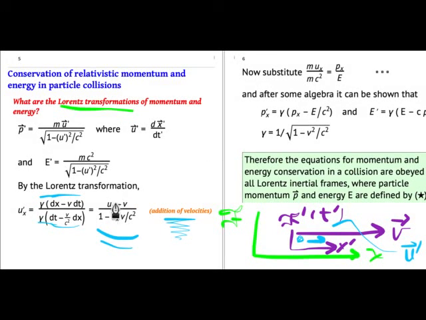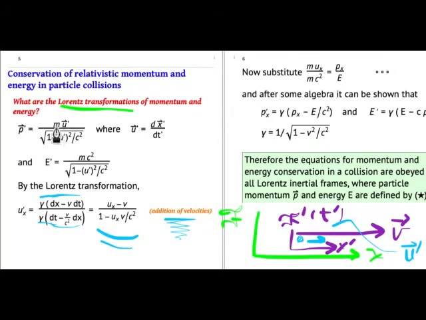Well, one thing I can do here is I can write m ux over mc squared is px over E, because I really want to re-express this in terms of p, the momentum in the frame F. So I have here ux. Well, let's get rid of ux and replace it by px. Well, it's not quite the same.